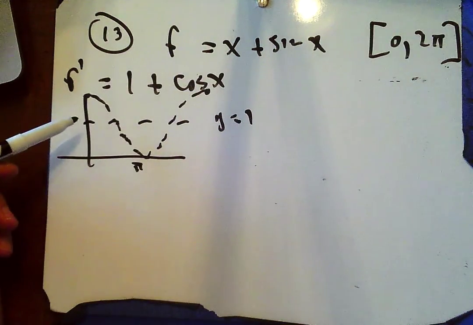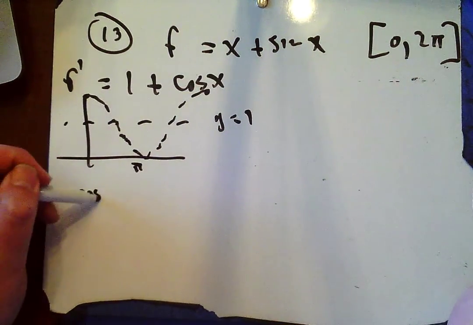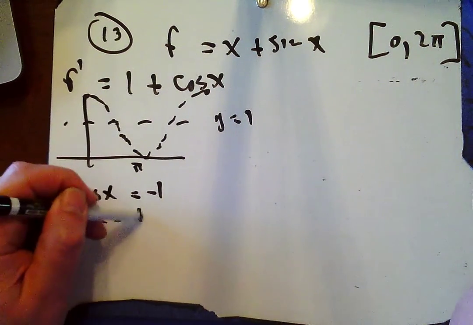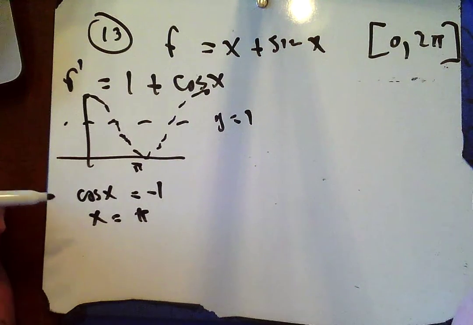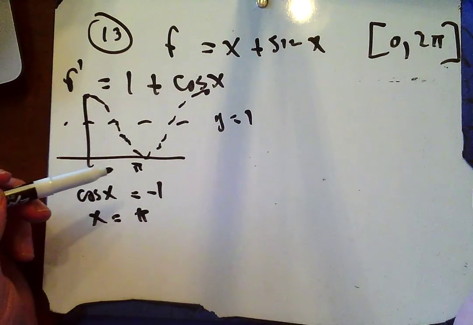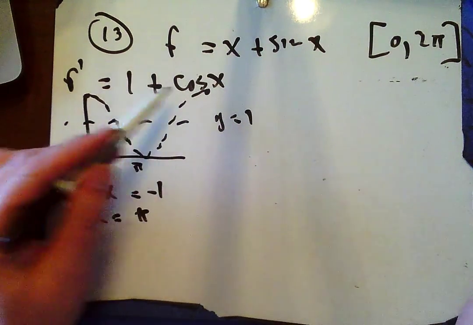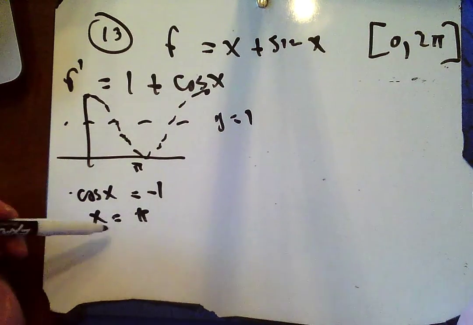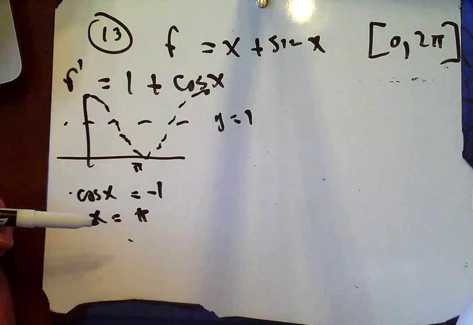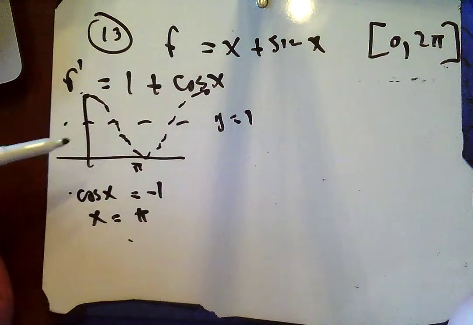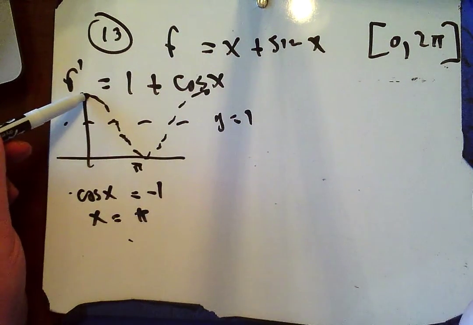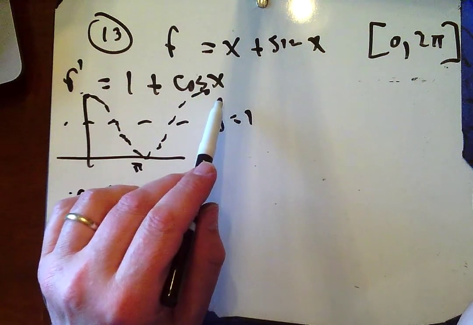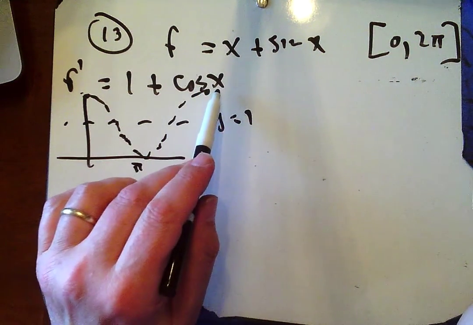Okay, so f prime, I know that cosine x equals negative 1 when x equals pi. So I get a critical number, because f prime equals 0 in this situation. What about here and here? I would have thought at 0. Cosine of 0 is 1.